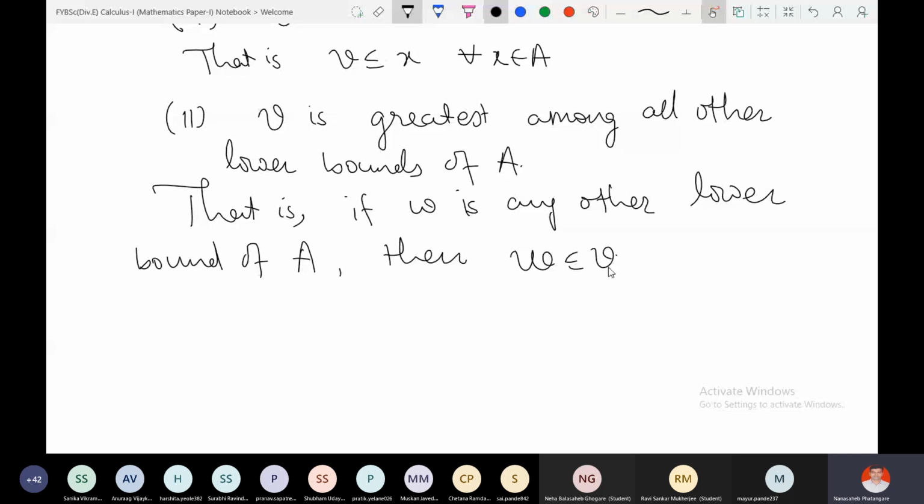If you choose any other lower bound, it is certainly less than or equal to V.